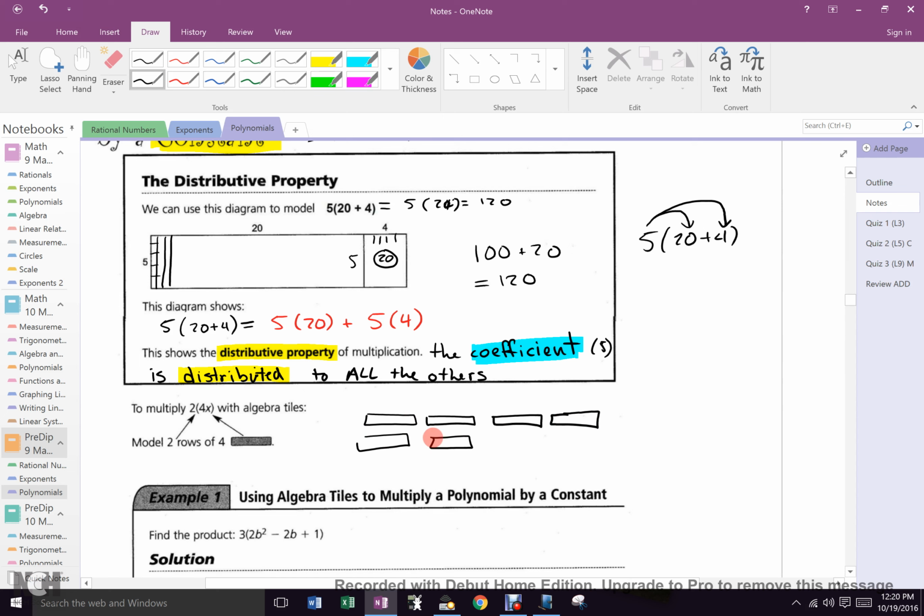Which gives me what? All you got to do is count. So 2 times 4x gives me 8x. Now you guys are smart kids. That's what's really happening, yes? How do we represent that in the math world? With 2 times 4. Cool? Why did x not change? Excellent. Everybody good?